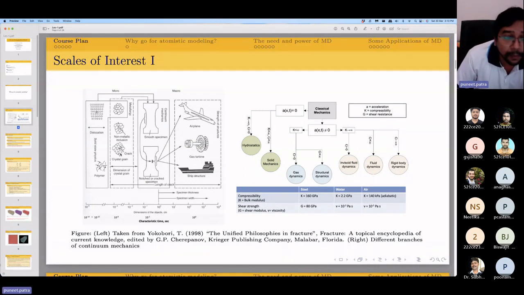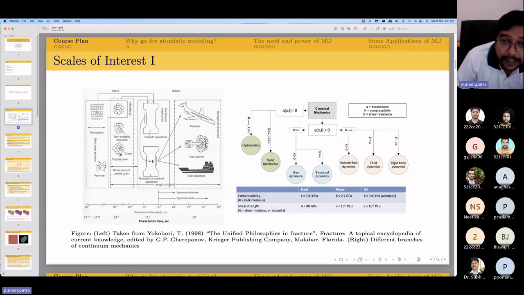So to sum it up, even though we are trying to study a process such as fracture at the continuum mechanical level, at the large scale system level, the entire process starts because of the breakage of bonds, because of the loosening of the bonds at atomic scale. So this should give you the first reason why you should go for atomistic modeling of different kinds of materials.